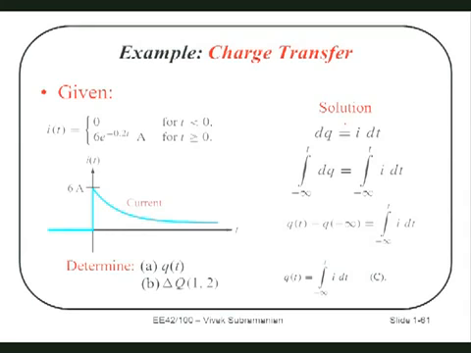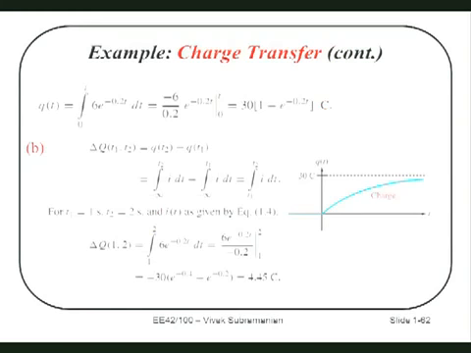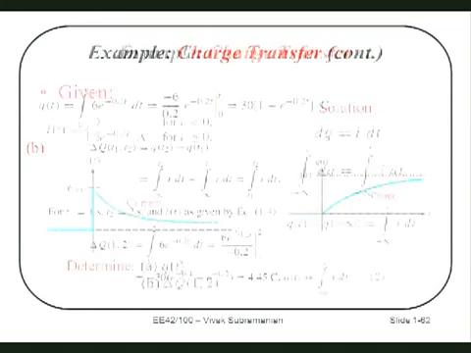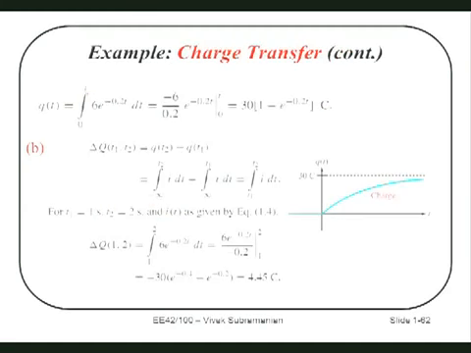So, therefore, I am basically calculating an integral from 0 to t of this equation right there, 6e to the minus 0.2 times t. And I plug it in, I get the integral, and my answer is q of t is equal to 30 times (1 minus e to the minus 0.2 t). So you now have an equation for q of t.